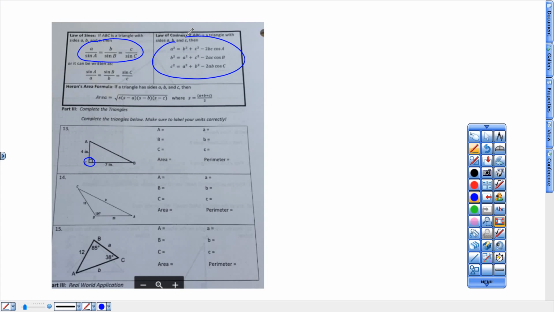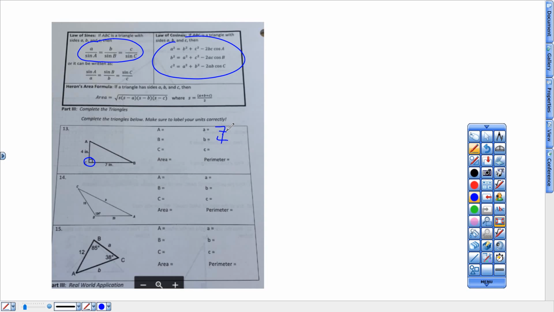What do I got here? I got 4 and 7. Let's find this last length right here. Because this says B, they're going to call this little length B right here 4. So you put a 4 right there. This little length right here is going to be the A length. That's 7.